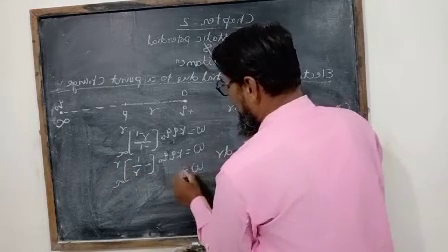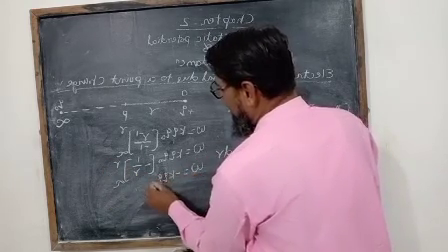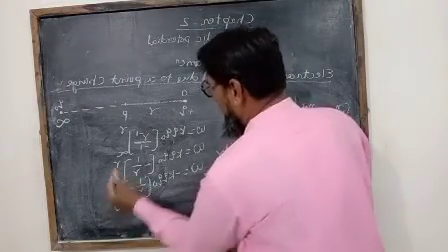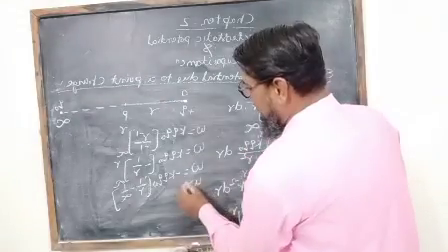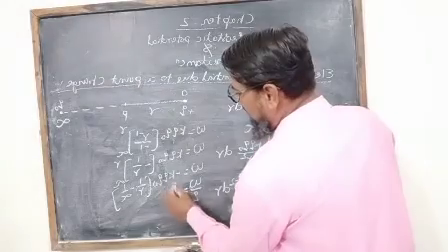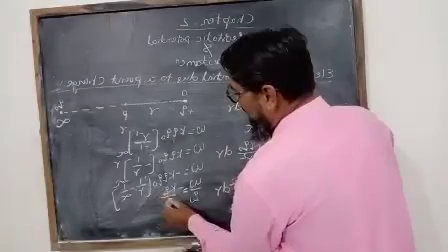So W is equal to minus KQQ0 times 1 upon r minus 1 upon infinity, or W upon Q0 is equal to minus KQ upon r.